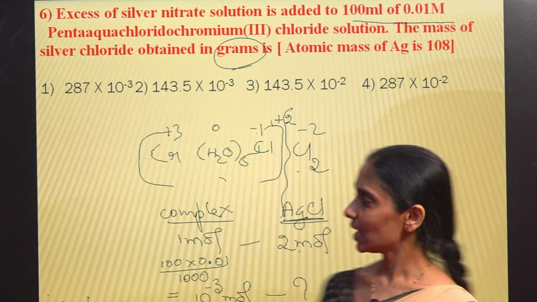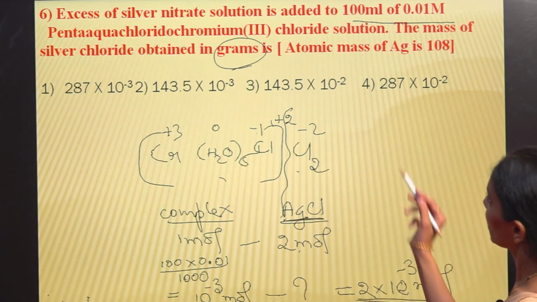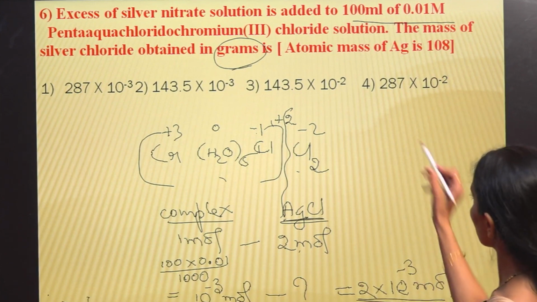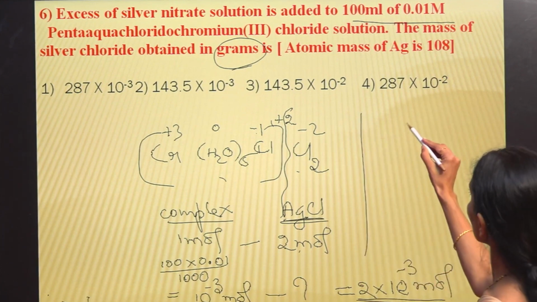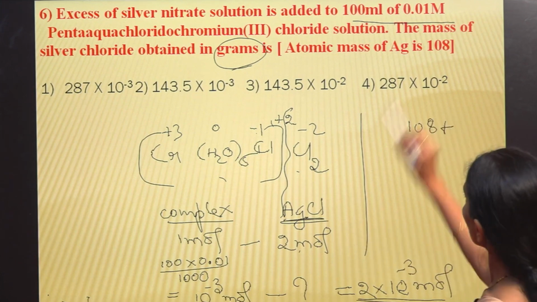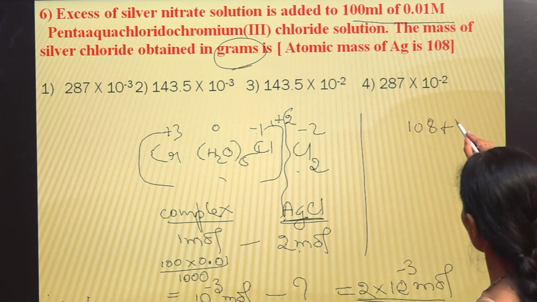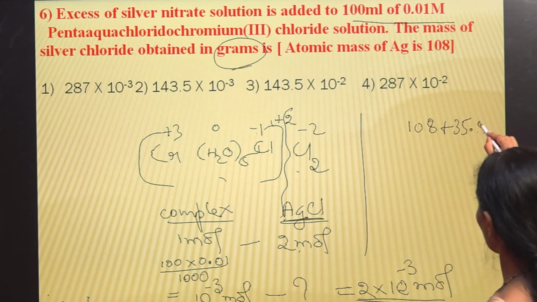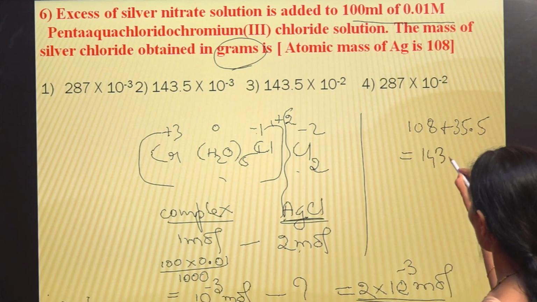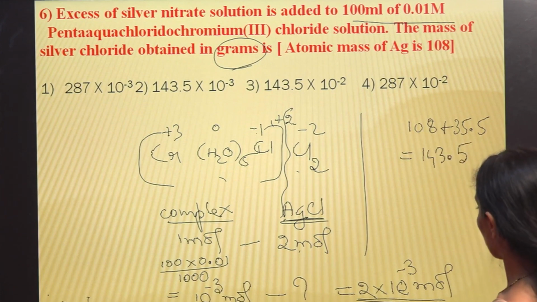How do you do that conversion? Silver's atomic mass is given, so let's use that. It is 108. And Cl, you know very well, is 35.5. That's nothing but 143.5.